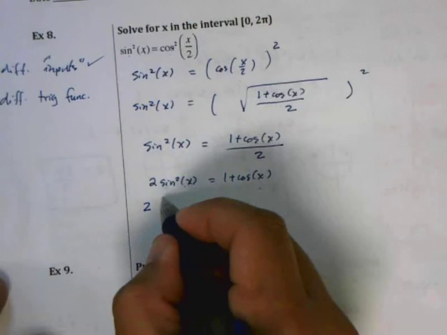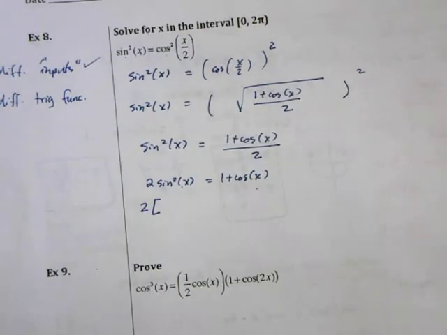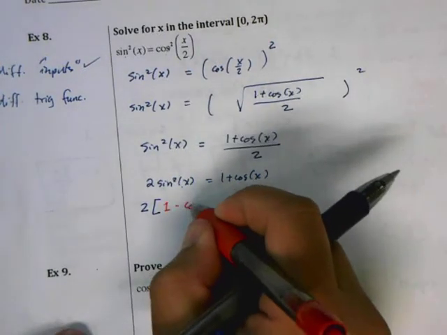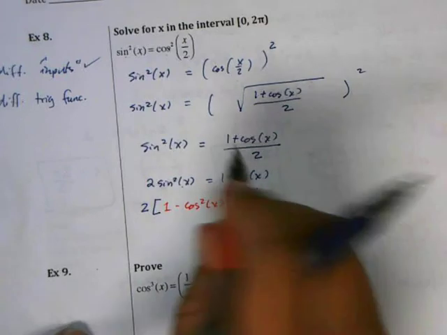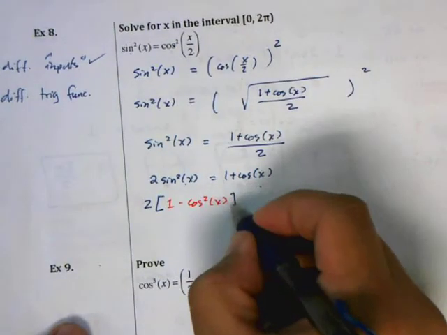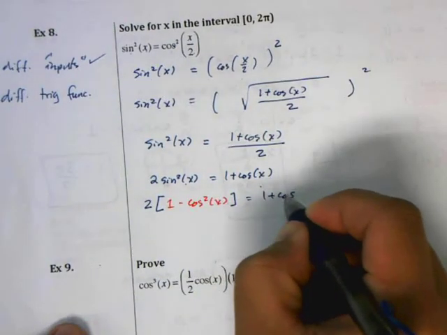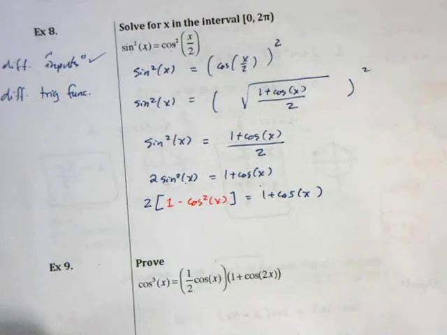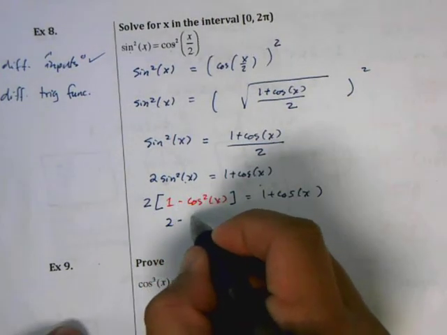So this is just going to be 1 minus cosine squared. And distribute.